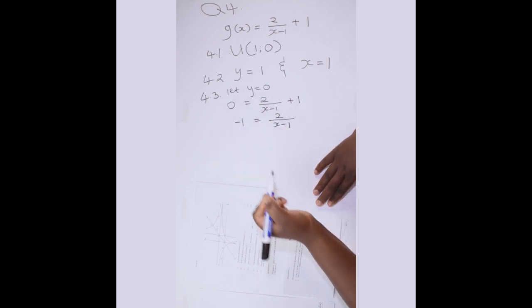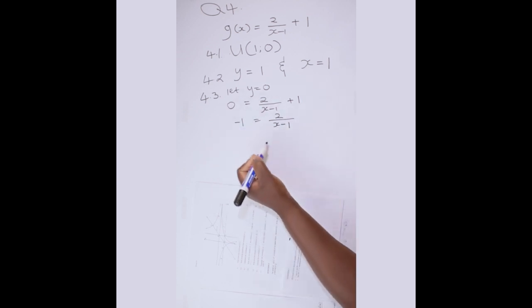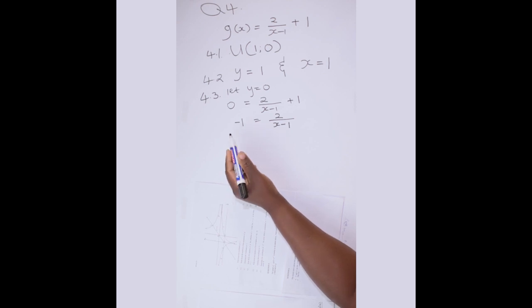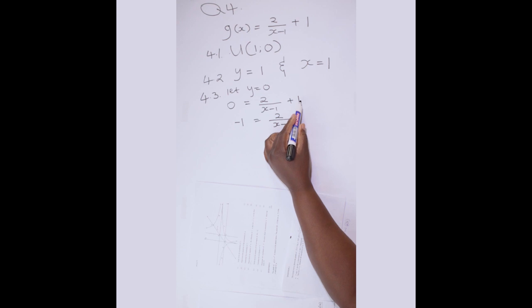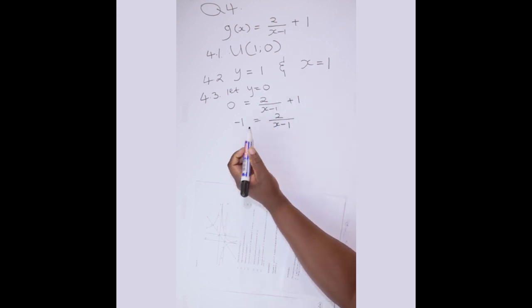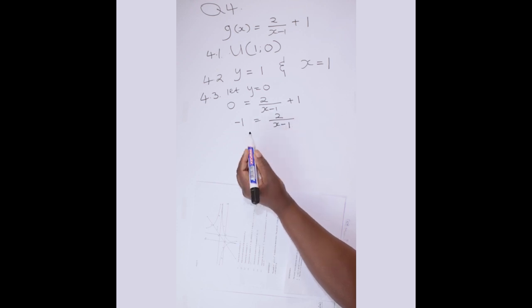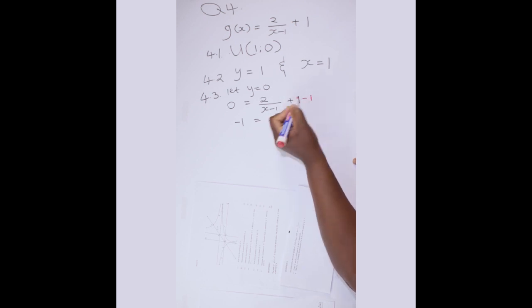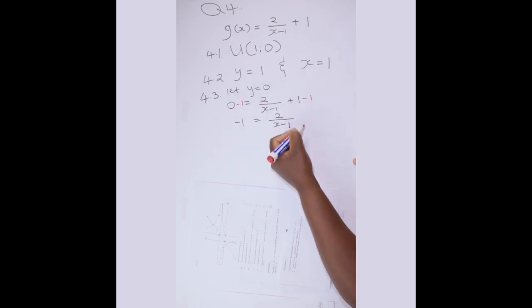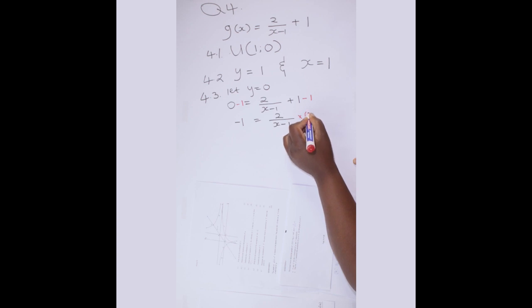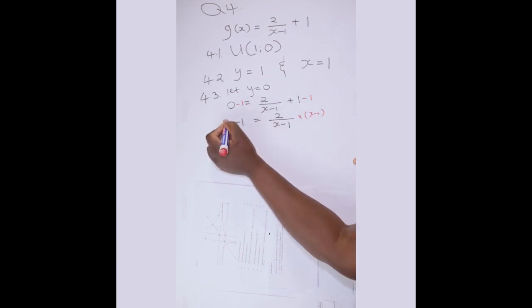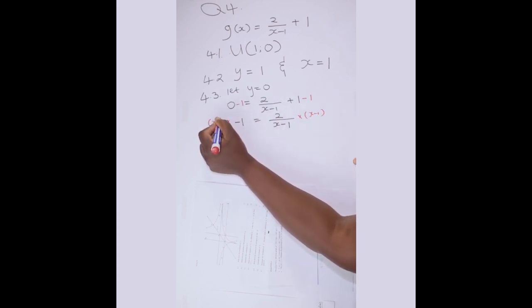The minus 1 happens when you subtract 1 from both sides of your equation. 0 minus 1 gives minus 1, and 1 minus 1 gives 0. That's why on the right side you have 2 divided by x minus 1. Then you multiply both sides by x minus 1.